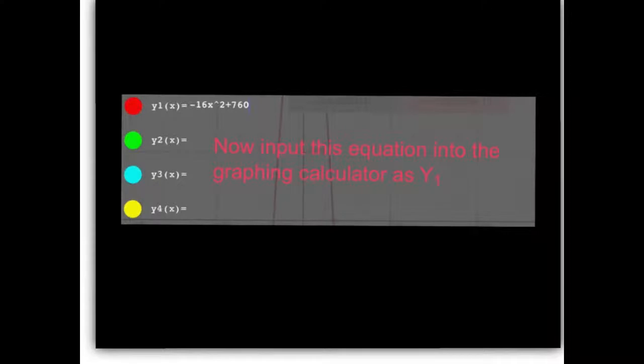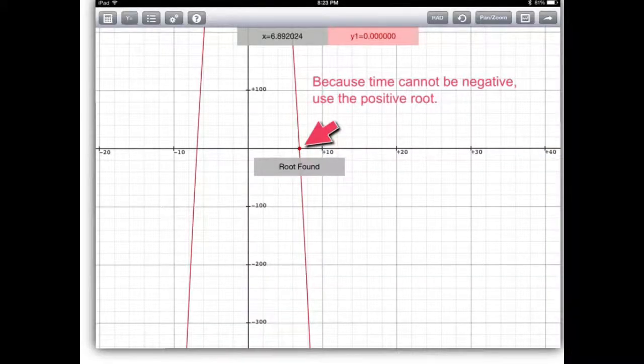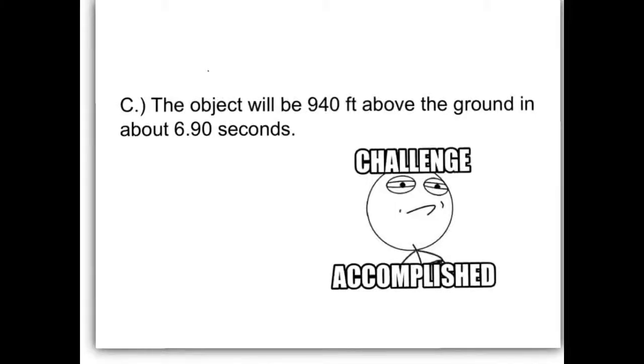Now input this equation into the graphing calculator as y1 once more. Because time cannot be negative, again, use the positive root and round to the nearest hundredth. So, the object will be 940 feet above the ground in about 6.90 seconds.